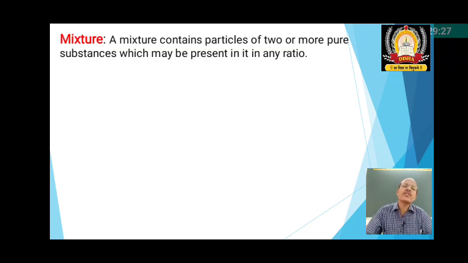Next comes, after pure substances, the mixture. A mixture contains particles of 2 or more pure substances which may be present in it in any ratio. That means, what is a mixture actually?